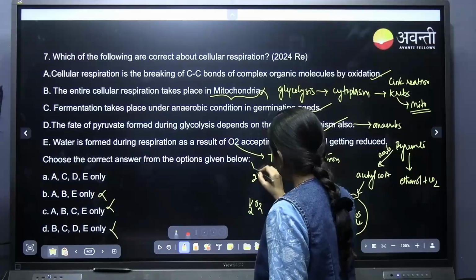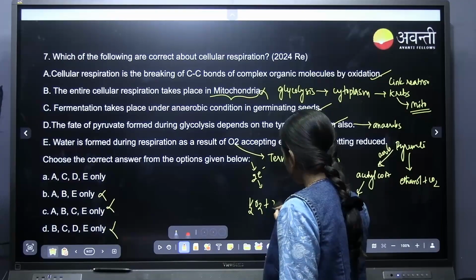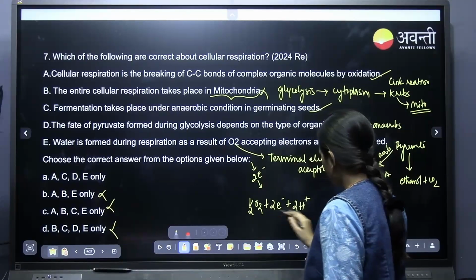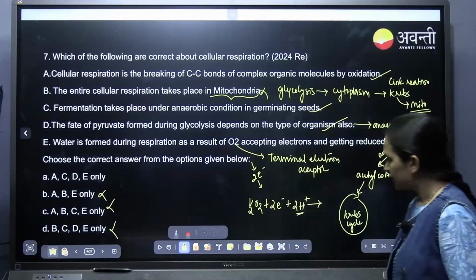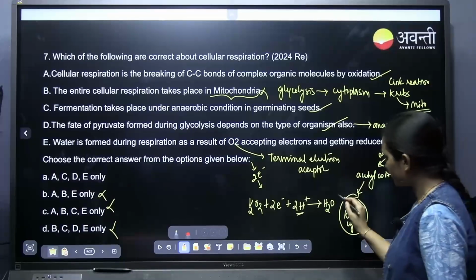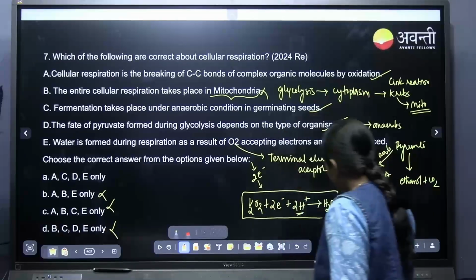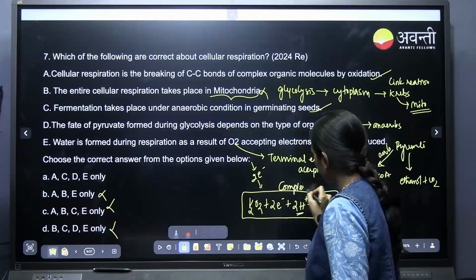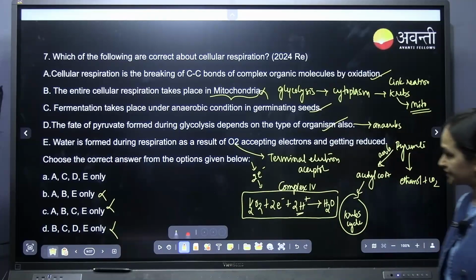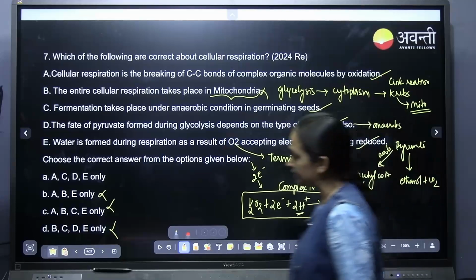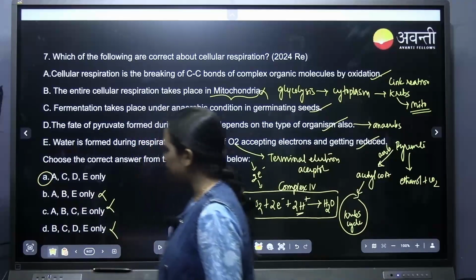Electrons coming from the ETC will be accepted by oxygen, and with the help of the protons in the matrix, it will be converted to H2O. This will be the final step, after complex 4. Yes, so water is formed during respiration as a result of O2 accepting electrons and getting reduced. This is also true. That means A, C, D, E are true and B is false.